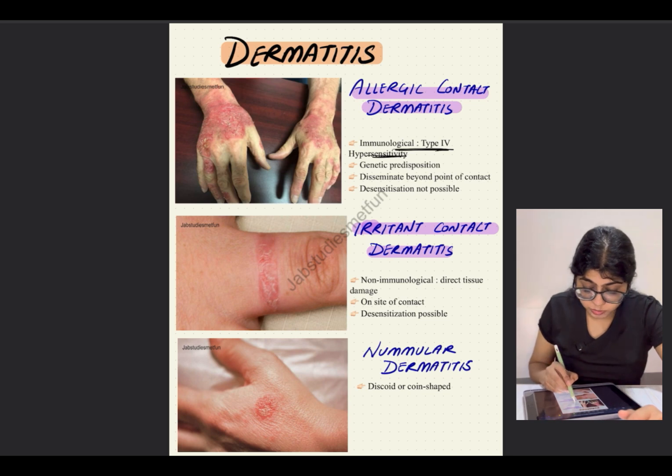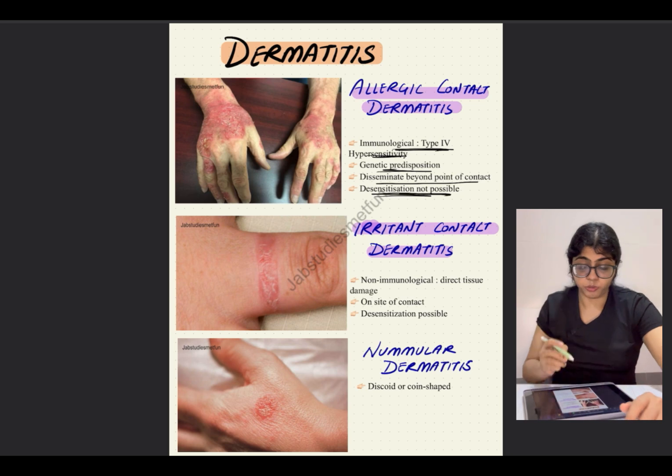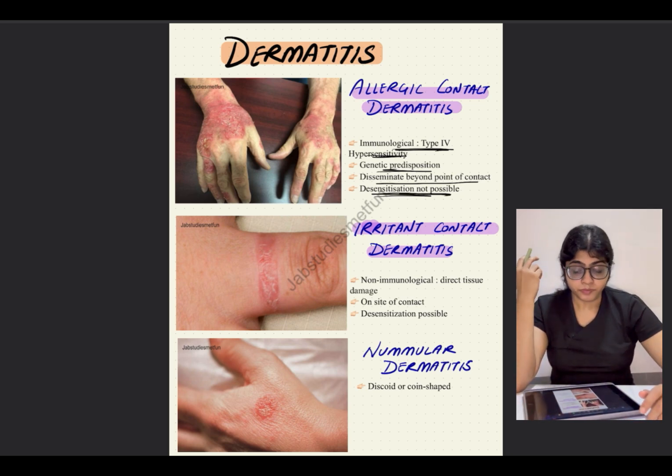It has some genetic predisposition, it disseminates beyond the point of contact, and desensitization is not possible. So what happens is the skin will come into contact with a substance or a trigger which the body is allergic to, and the allergic reaction will spread beyond the point of contact.